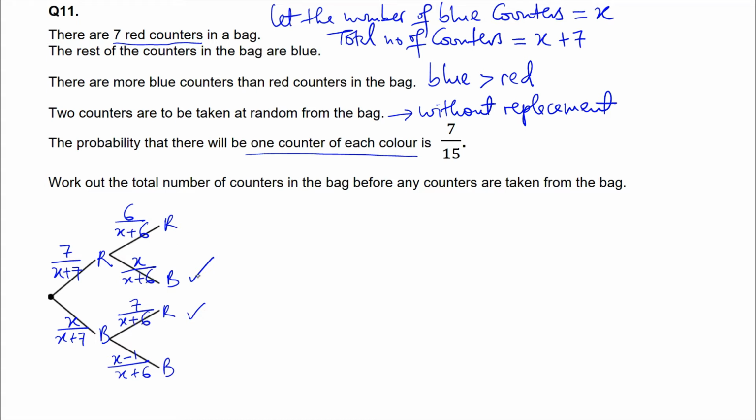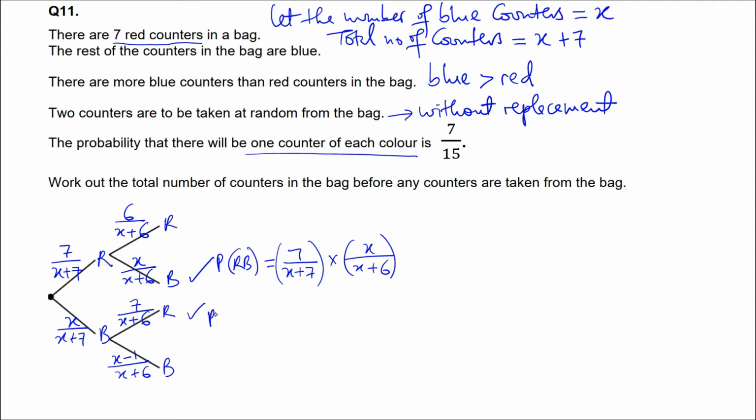So both of these are required branches. Red followed by blue: if you're working out probabilities along these two branches, you multiply them, so that will be 7 over x plus 7 multiplied by x over x plus 6.